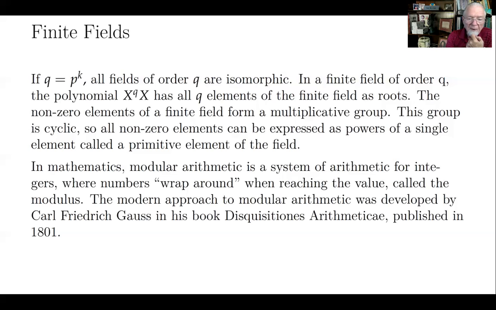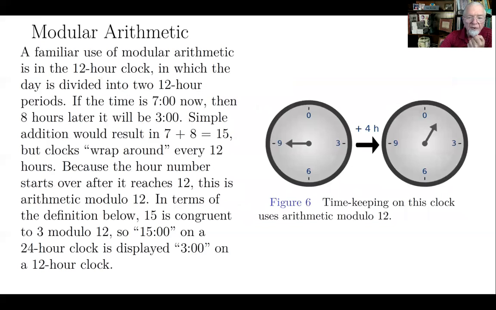The modern approach to modular arithmetic was developed by Carl Friedrich Gauss in 1801, so it's been around a long time. And you're actually quite used to it, because modular arithmetic is clock time.